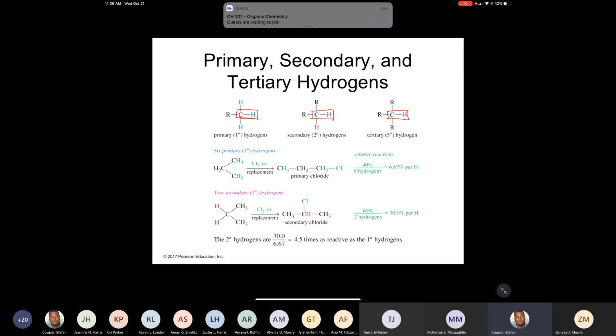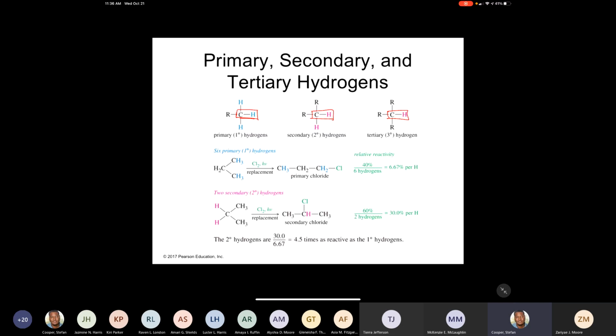And they're colored in this pink color. And if I look at the reactivity there, I get what? About 30%. So they broke the math down where they divided those two numbers into each other, and they gave us this nice statement. The secondary hydrogens are about 4.5 times as reactive as the primary.